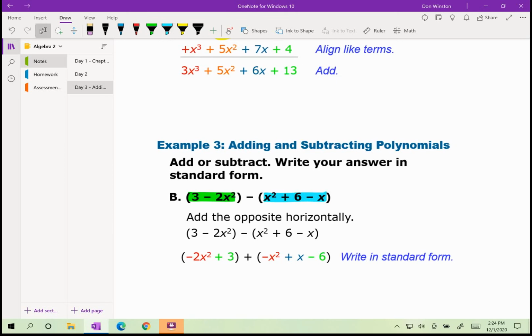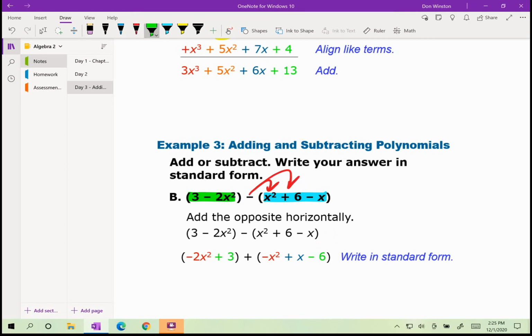What I like to do is distribute the negative, or add the opposite, so I'll have a negative x squared, as you see down here, and a negative times a positive will give me a negative 6. They're writing this in standard form, I guess.